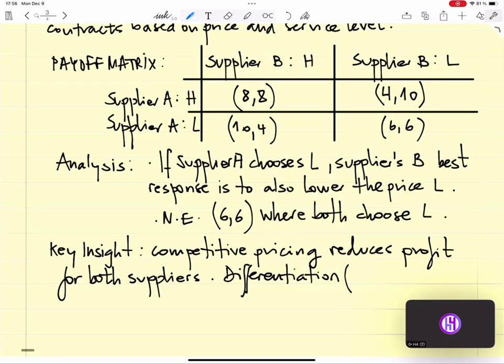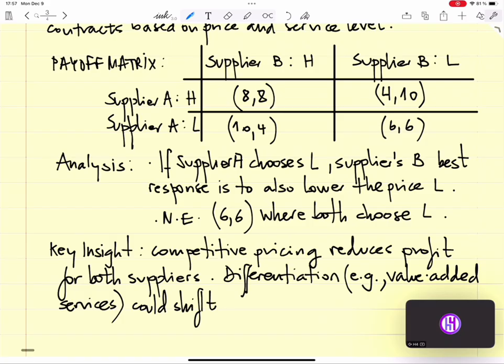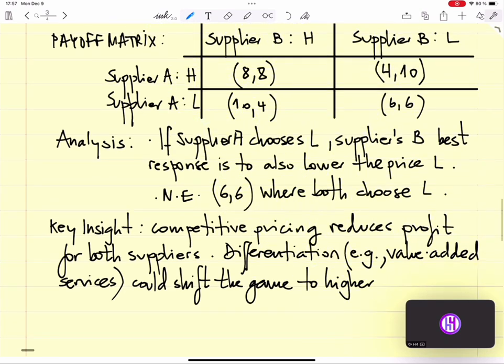For instance, by value-added services could shift the game to higher payoffs. Okay.